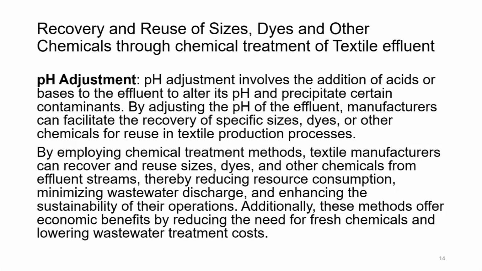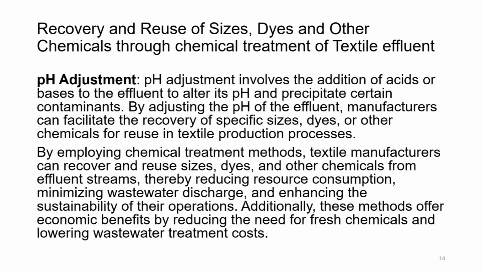By employing chemical treatment methods, textile manufacturers can recover and reuse sizes, dyes and other chemicals from the effluent stream, thereby reducing resource consumption, minimizing wastewater discharge and enhancing the sustainability of their operations.